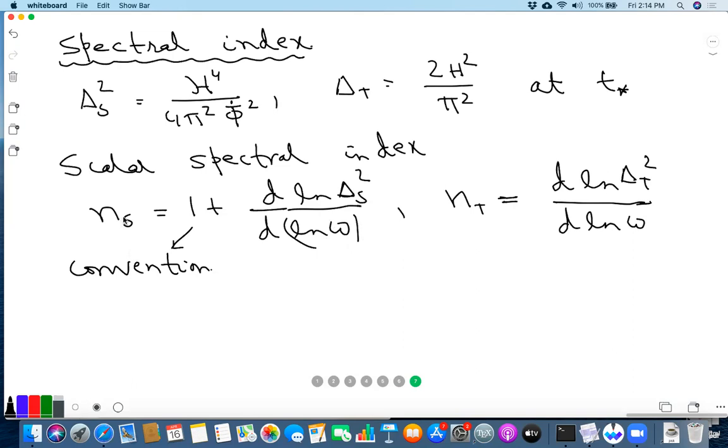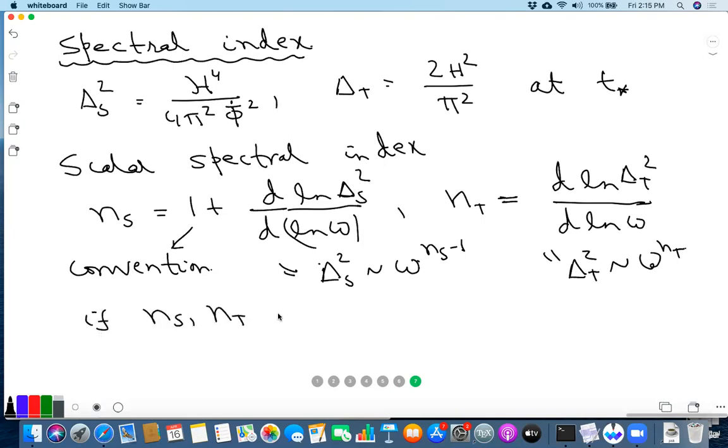And if ns is constant, then this will imply that delta S squared goes as omega to the power ns minus 1, right? And this will imply that delta T squared will go as omega to the nt, if ns and nt are omega independent.